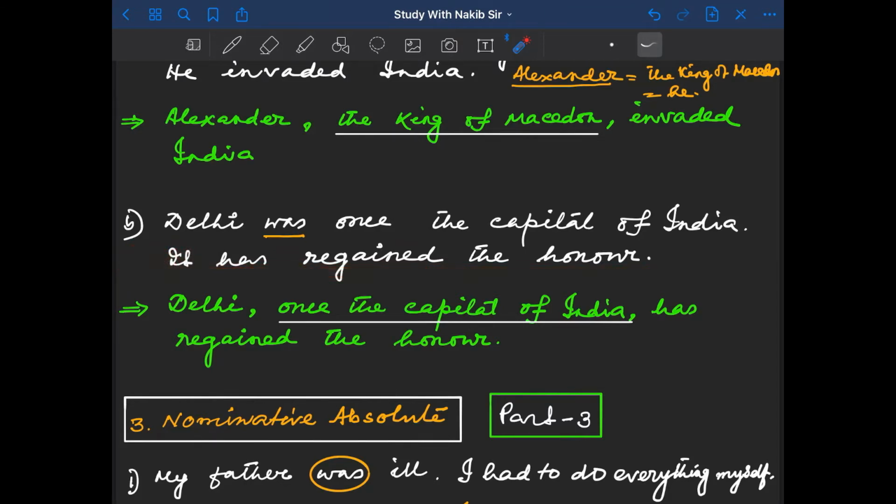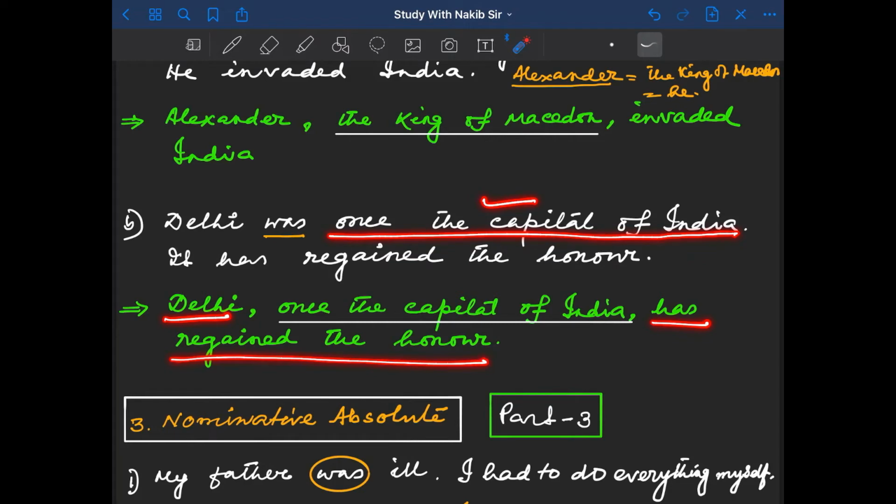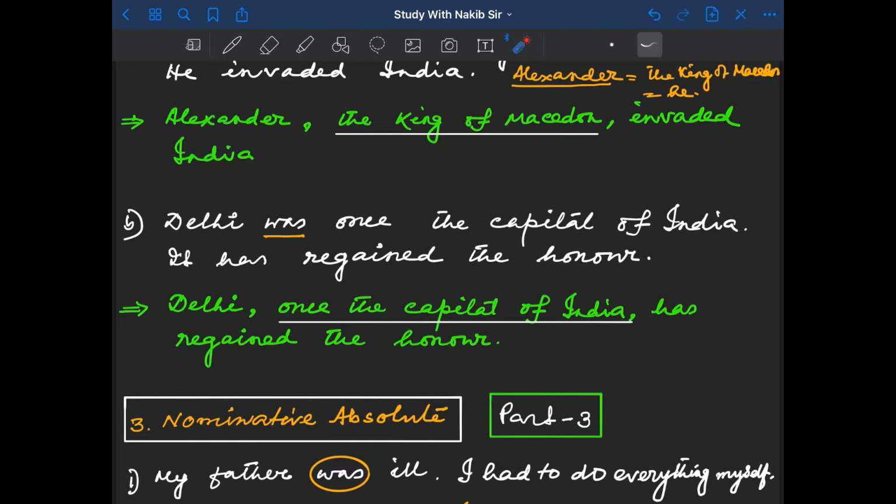Okay, now come here. One element is still there, the capital of India. It is equal to Delhi. We'll put this part in between Delhi and the predicate of this sentence. Once the capital of India will be used. Now see, Delhi, comma, once the capital of India, is put in between Delhi and the predicate.